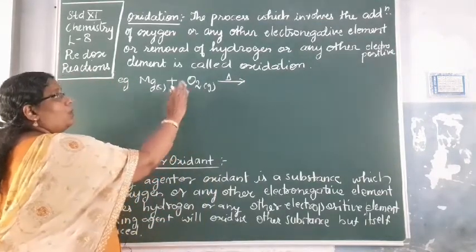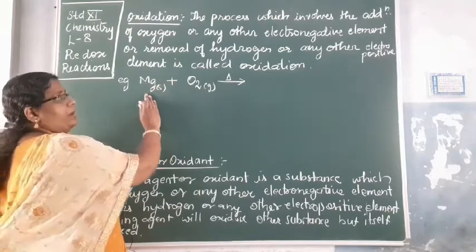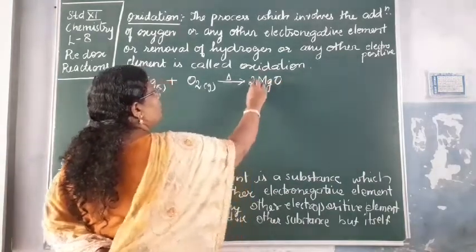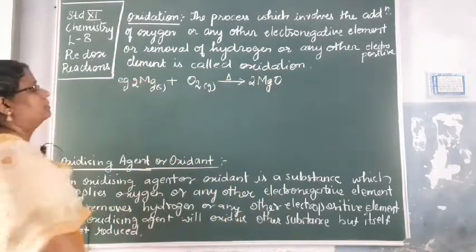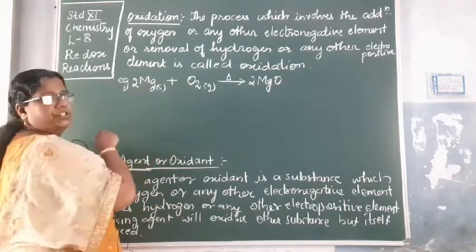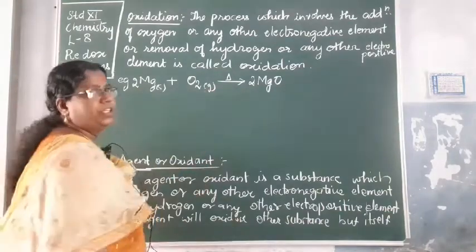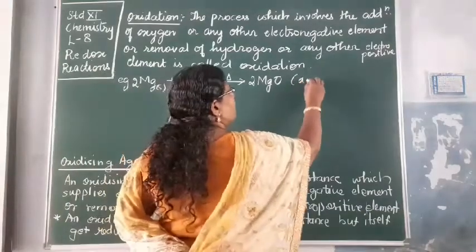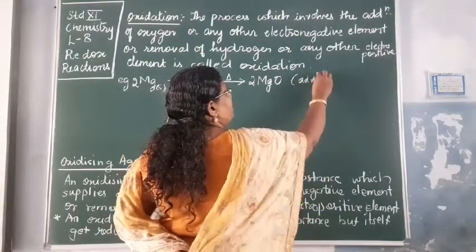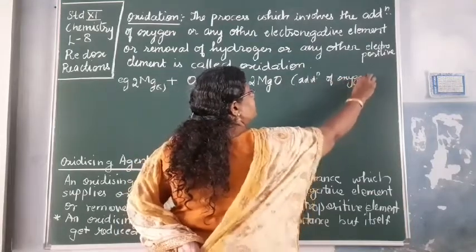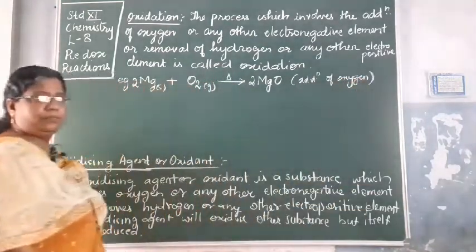You are adding oxygen to Mg, and now you are getting your product as MgO. So, what have you done here? You have added oxygen to Mg. तो ये जो reaction है, this is oxidation reaction, and what has occurred here? Addition of oxygen has taken place here, if you can see.